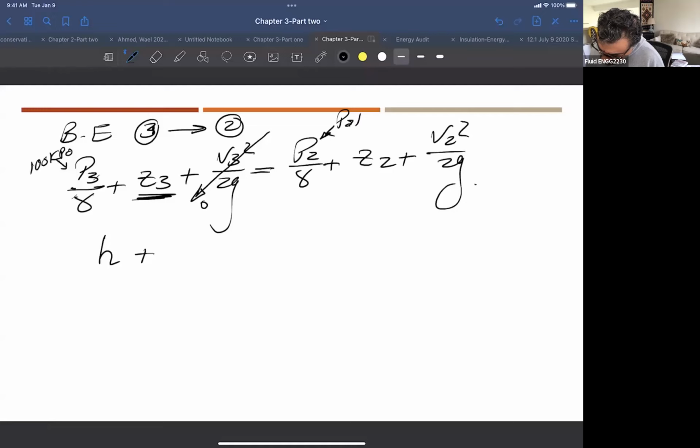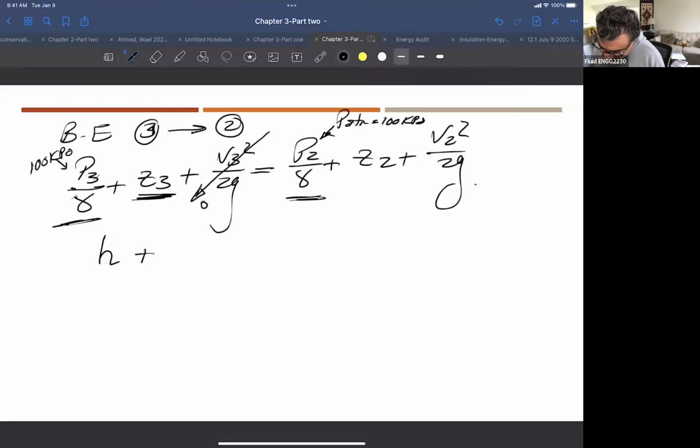As long as I know, on both sides of the equation, whether I'm putting my pressure in gauge or absolute, it's going to be fine. Makes sense? Everything is okay? Okay.